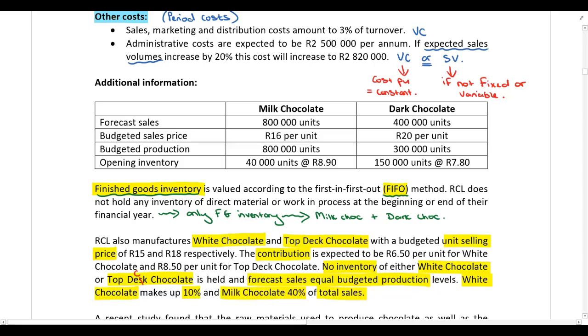So for 2 of the products, the milk chocolate and the dark chocolate, you have been given their forecast sales. However, for the white chocolate and the top deck chocolate, we have not been given their forecast sales. So we are going to have to work backwards in order to calculate what the forecast sales are for white chocolate and for top deck chocolate.